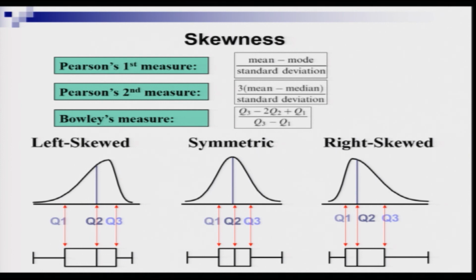And what you can see for the symmetric distribution case is that the quartiles are equidistant. So, the portions in that rectangle of the box whisker diagram are of equal size, but that is not the case when you are talking about a skewed distribution.